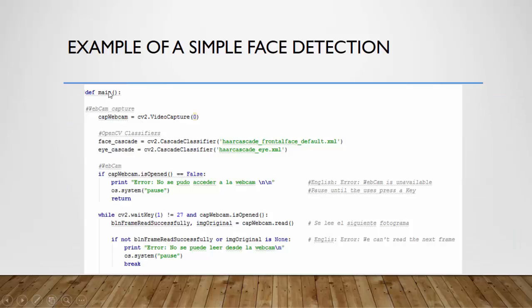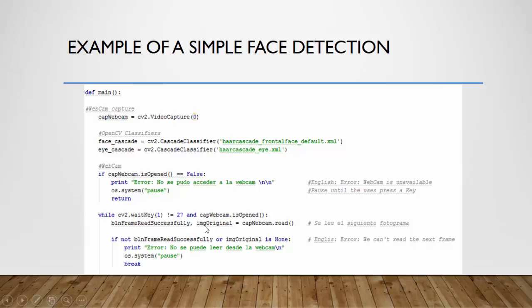So we have to code the main function. We obtain the video from the webcam, we define the OpenCV classifiers and start the webcam. If we find an error, we can stop the program, and for example, when we cannot read the next frame, the program will break.